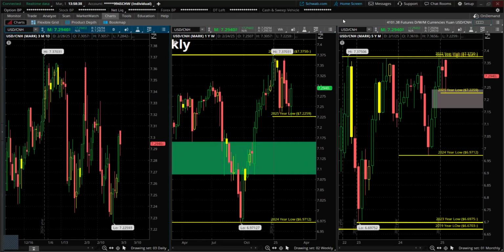Chinese yuan, US dollar. Now this is in the Forex exchange. See the 6 letters. So again, US dollar, Chinese yuan. So again, when this trends up, it's in favor of the dollar. When it trends down, it's in favor of the Chinese yuan. Monthly, huge consolidation here.